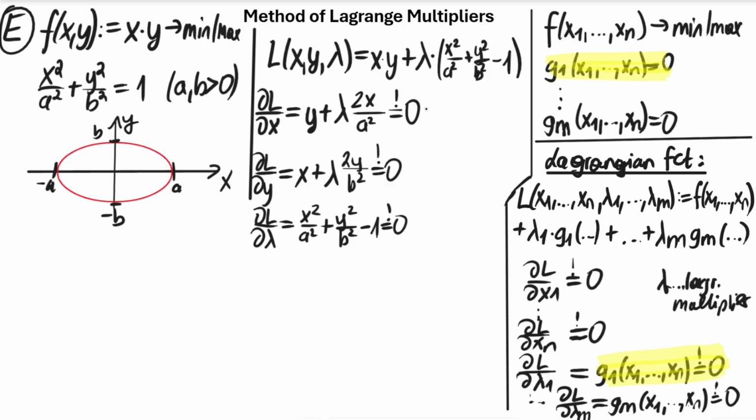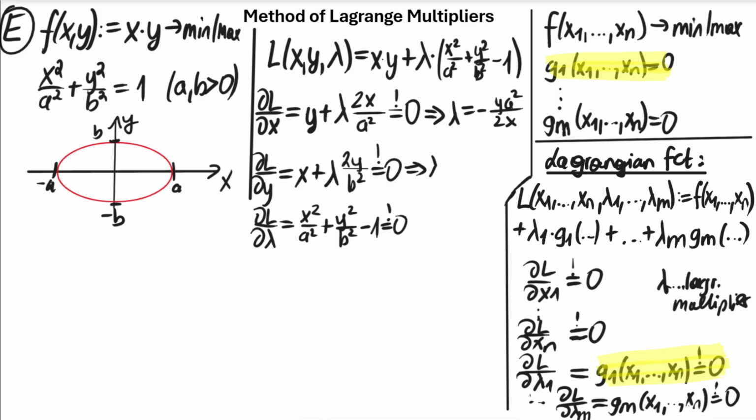So this means here from the first equation, you can express the lambda very easily, which is now minus y a squared divided by 2x. So minus y times a squared divided by 2x.